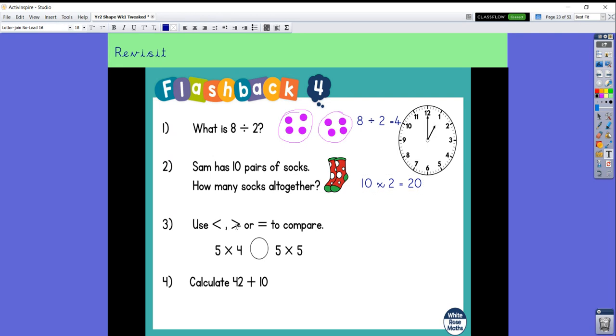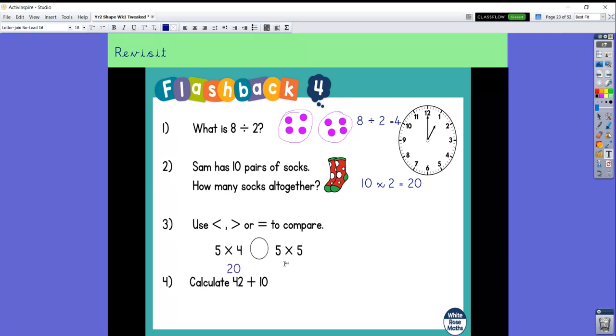Greater than, less than, or equal to. Let's have a think. 5 times 4. Let me say it the other way round. 4 times 5. So 4 times 5, remember, counting in 5s. 5, 10, 15, 20. 5 times 4 or 4 times 5 is 20.